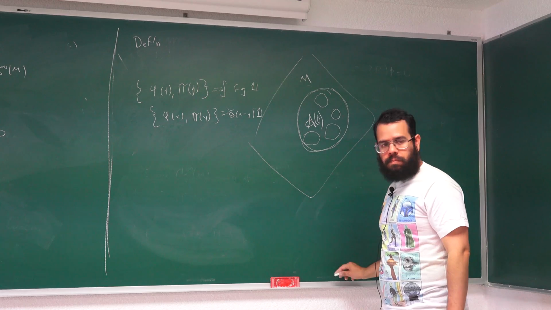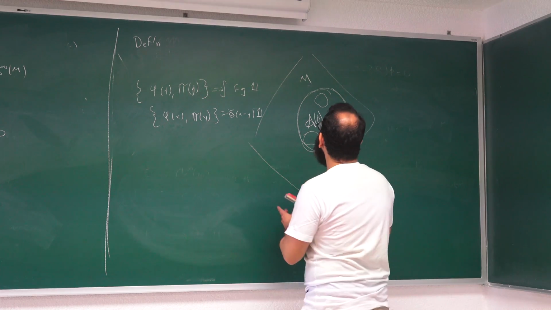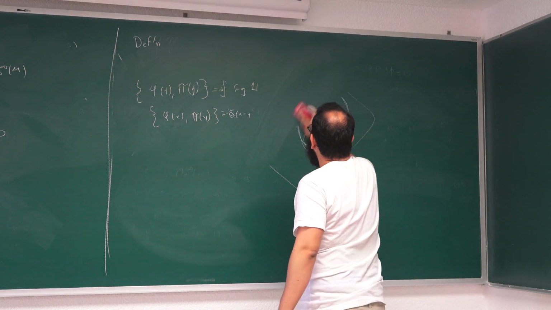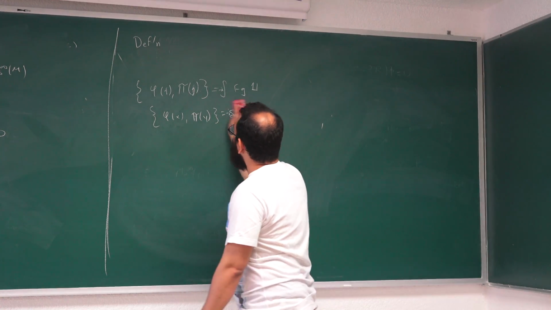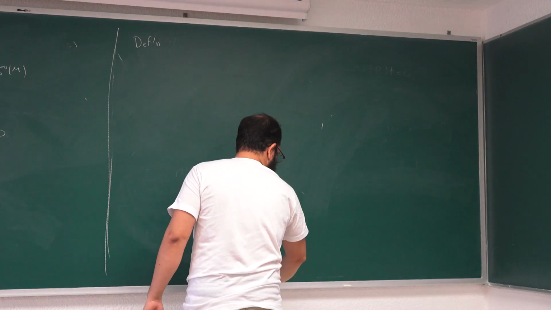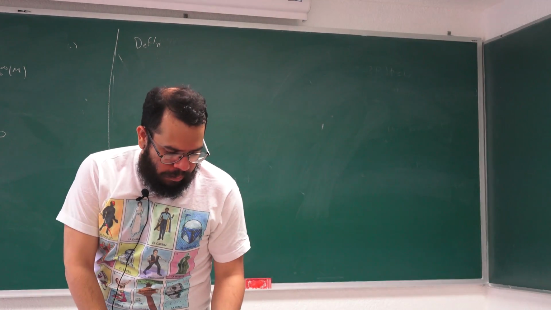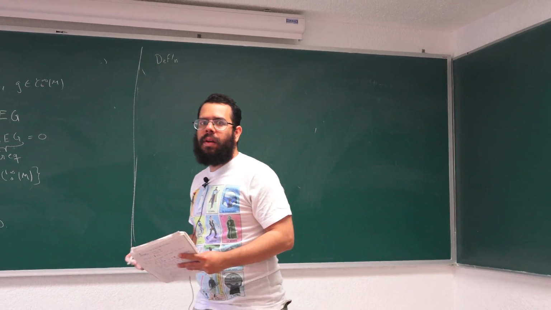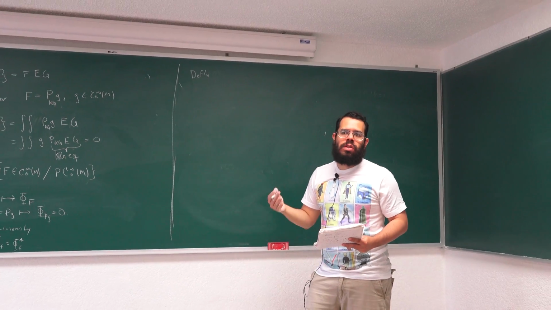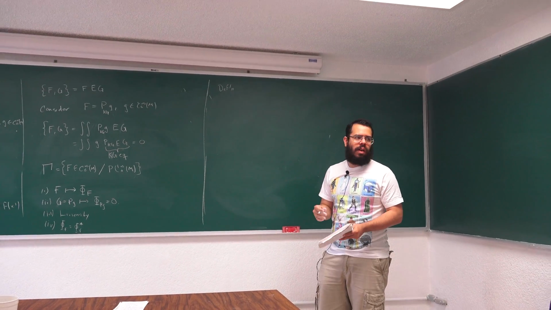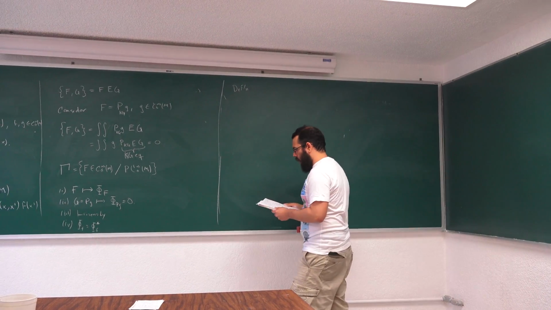Compact region. Okay? But now I'm going to write the algebra of the whole space-time. And so I'm going to allow for the smearing functions to be smooth functions of compact support in space-time.